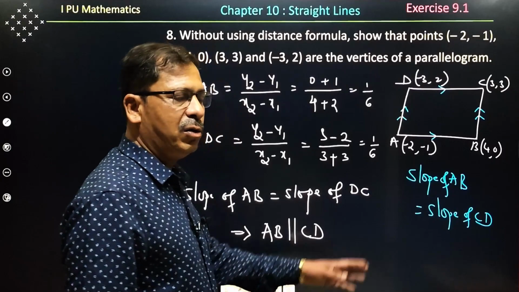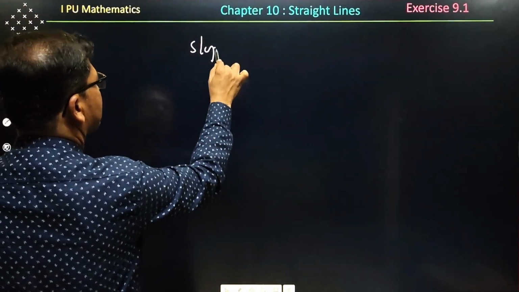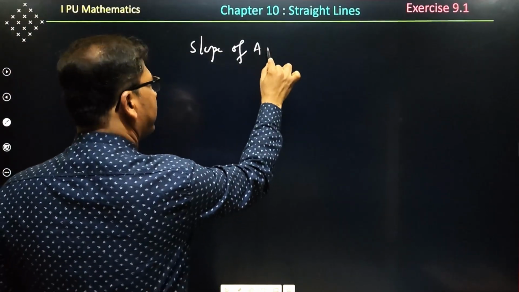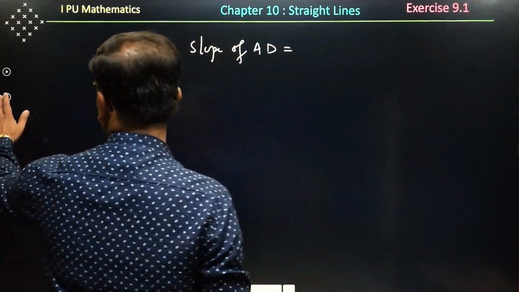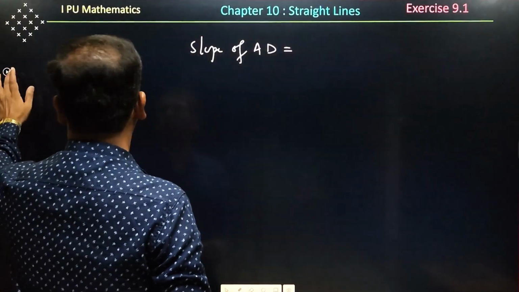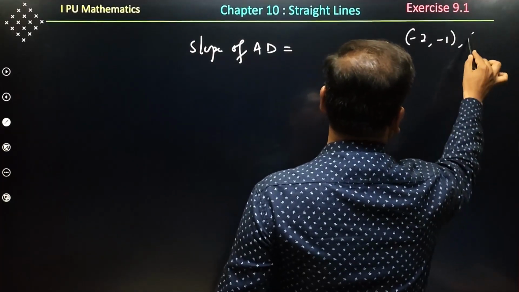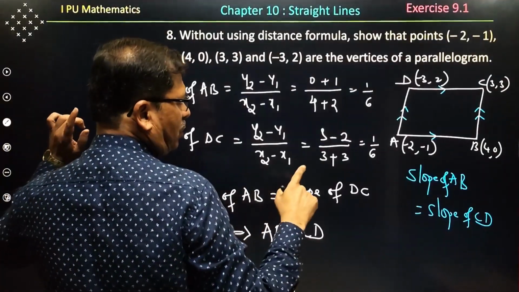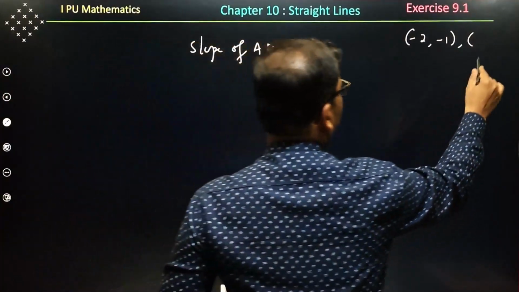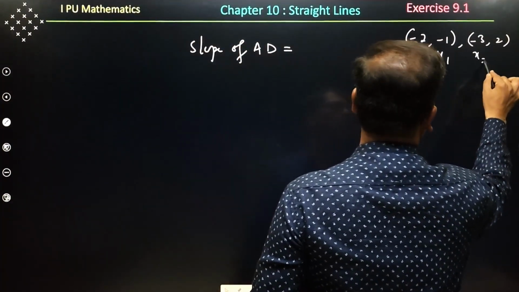Similarly, next let me calculate the slope of AD. The points are A minus 2, minus 1, and the second point is D minus 3, 2. This is x1 y1, this is x2 y2.